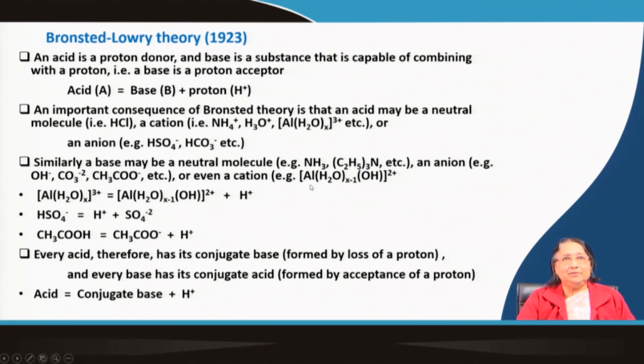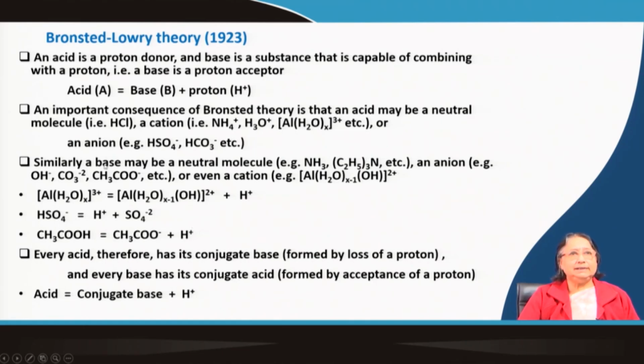Even a cation, say for example, this type of complex which can take up a proton to give back this one, you can see here. So, this property also can be explained by this Bronsted-Lowry theory. It has been shown here in equation form why something is an acid, why something is a base.